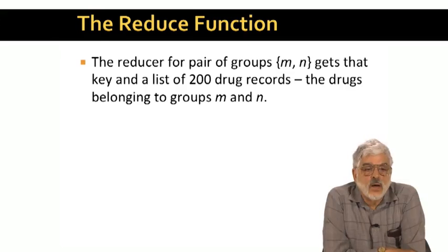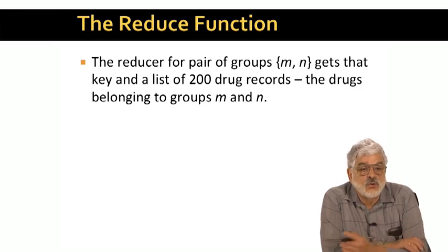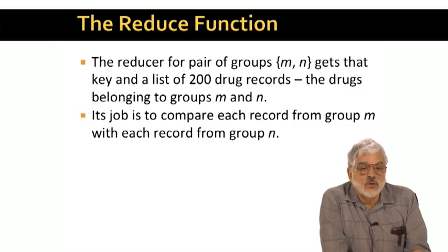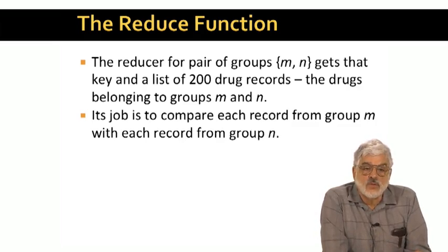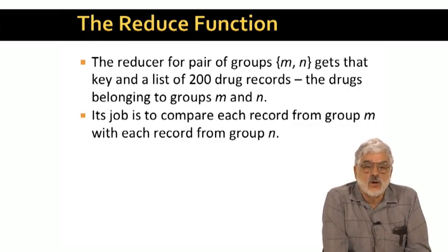Each reducer corresponds to a key consisting of 2 group numbers. The list associated with that key consists of 200 drug records, 100 for each of the 2 groups. The reducer for the pair of groups is responsible for comparing each pair of drugs that are one from each of the groups.